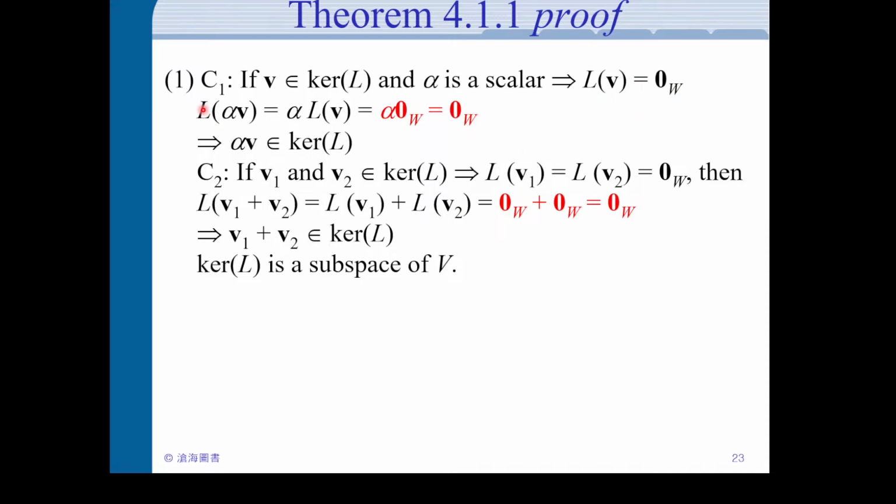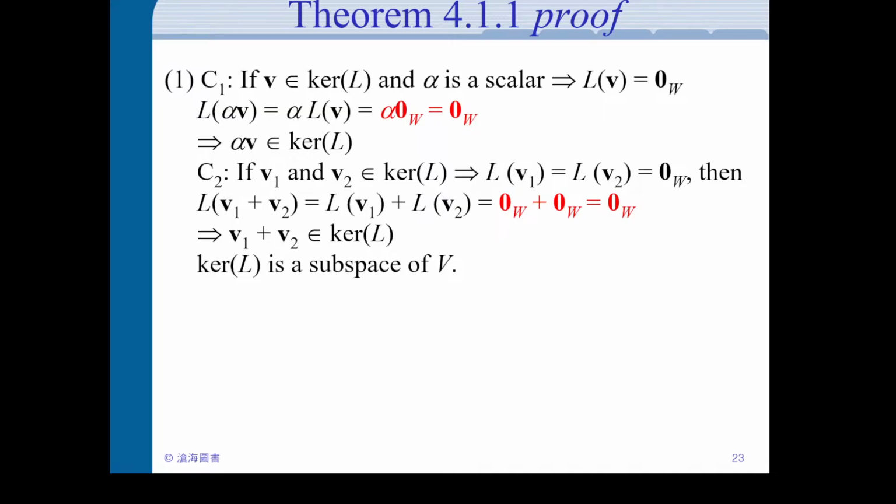Let's see what will happen if we have alpha times our vector. Then it maps to alpha times L of V, and L of V is 0 inside W, so this is alpha times 0 of W. And that this is equal to 0 of W is a homework problem, but I think it's not in the problem set, so let's prove this really quick.